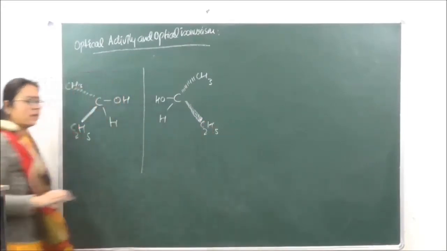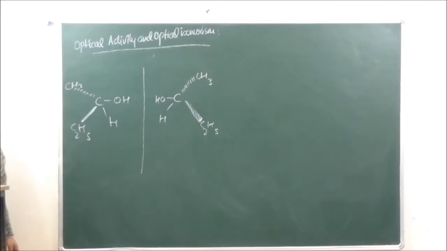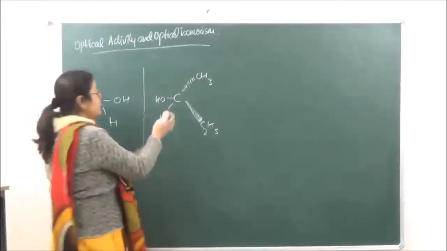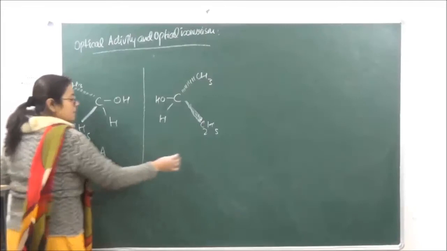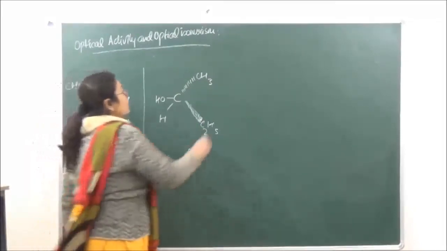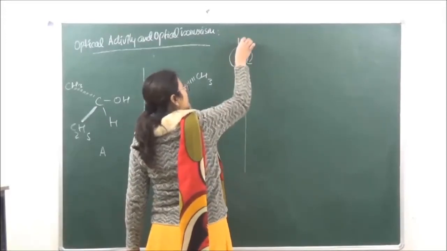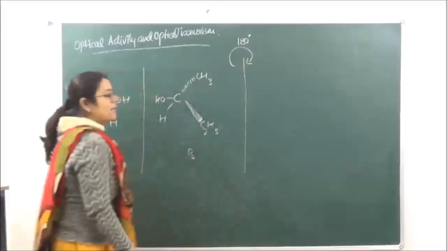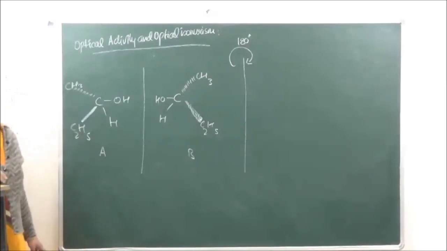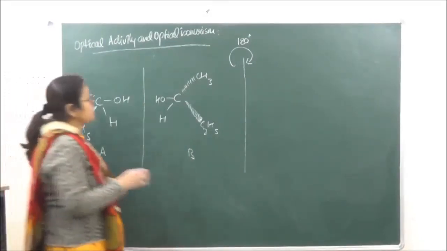This is going to be the mirror image. Okay. Now we are going to rotate this image. Let's say this is A, this is B. We are going to rotate this image by 180 degree. So we are rotating B by 180 degree over here, such that what will we get?